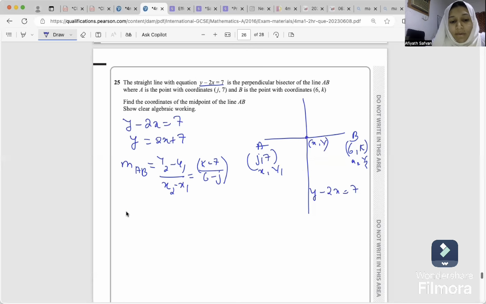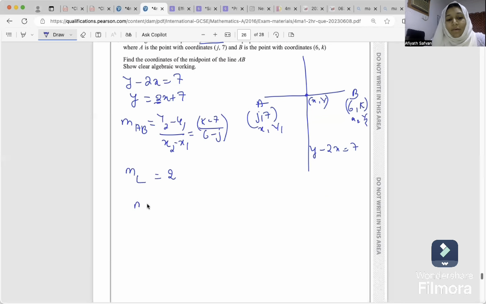Keep it aside. Now find the gradient of the line, which is going to be 2. Therefore, the gradient of AB must be minus 1 by the gradient of the line, which is going to be minus half. So I will equate minus half to (k minus 7) over (6 minus j).